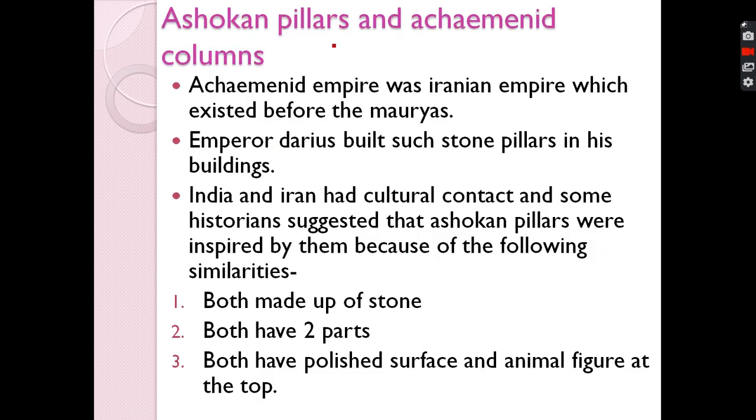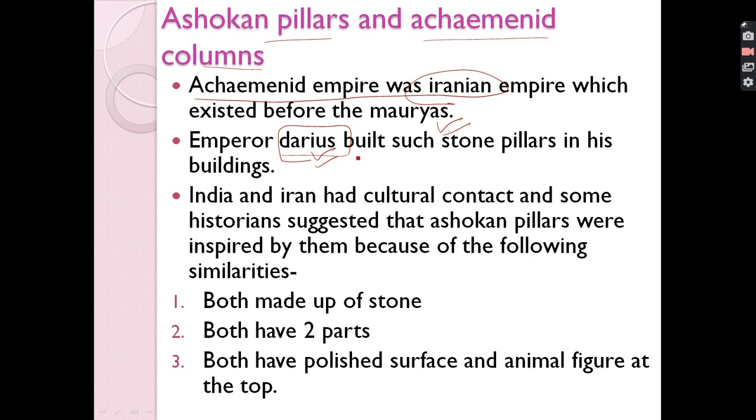Now, there's a confusion. A few historians believe that Ashokan pillars were inspired by Achaemenid columns. So what are these Achaemenid columns? The Achaemenid empire was an Iranian empire which existed before the Mauryas, before our Mauryan time frame. And in it was a famous king, Darius.